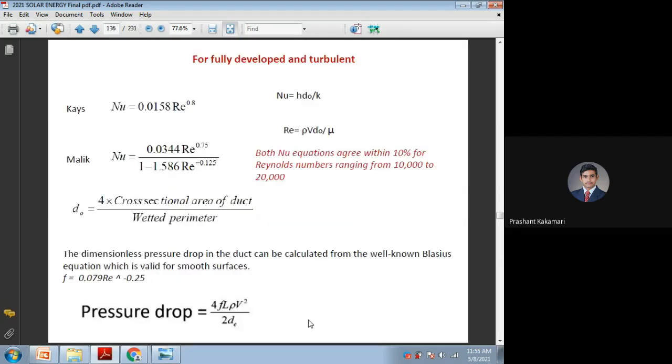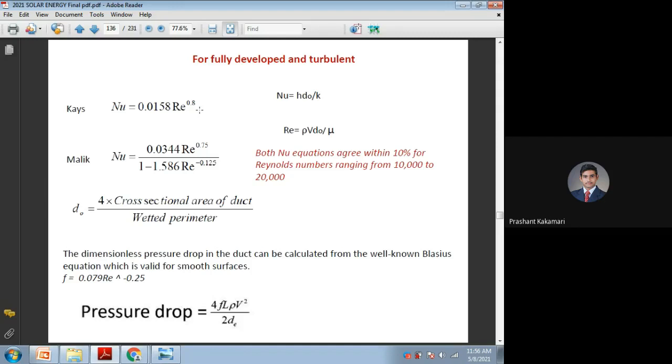Okay. Next, coming to the other side. As in the liquid flat plate collector, we have seen the example where water will flow either in laminar or turbulent flow. Whenever fully developed turbulent flow comes into the picture, in such cases we are going to discuss the Nusselt number. Depending upon the roughness of the inside surfaces and the type of heat transfer, like convection, we need to find this dimensionless number, the Nusselt number, using the Reynolds number.